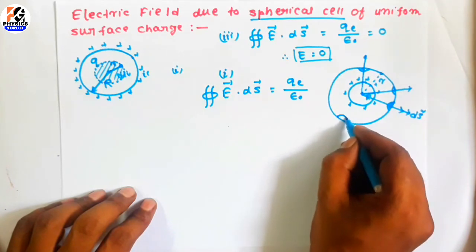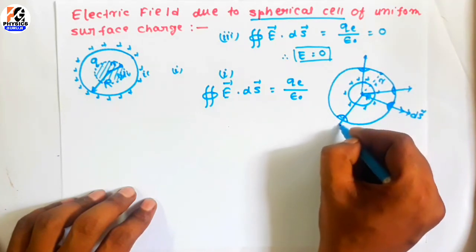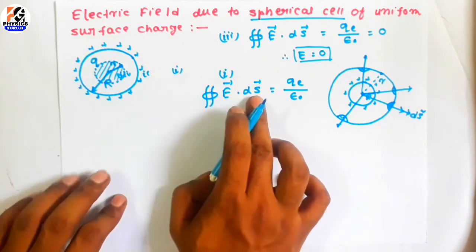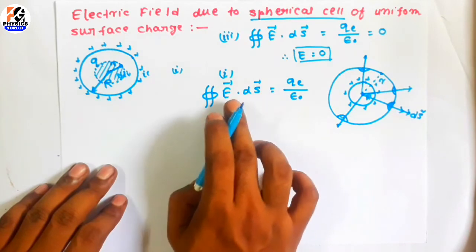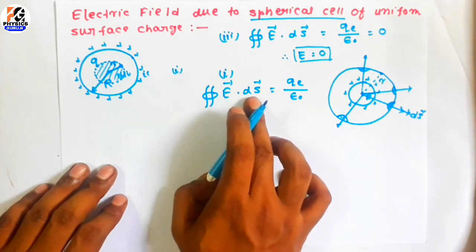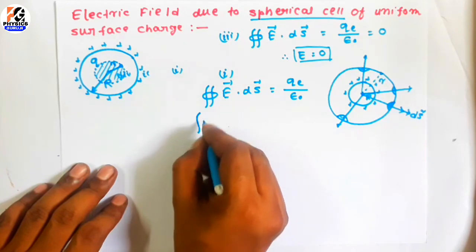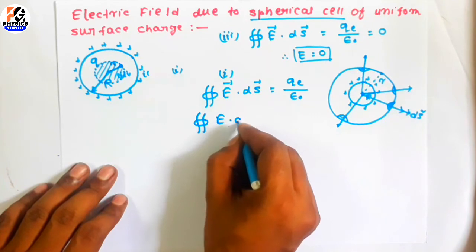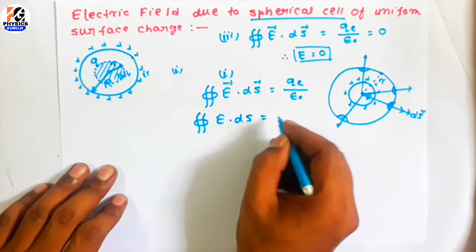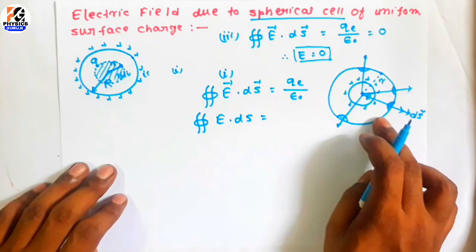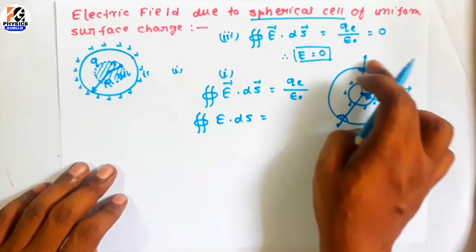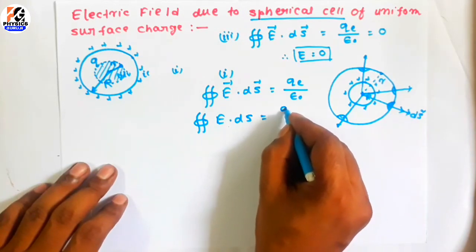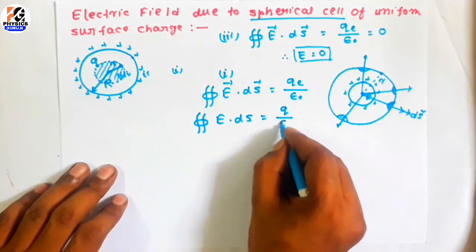If I take a dS here, the electric field and dS are in the same direction. So we can see that the electric field and dS are always in the same direction. So we can write the dot product E dot dS just equal to E times dS. So it becomes the closed surface integral of E dS equal to Q enclosed over epsilon 0. Now you can see that the total charge of the sphere is enclosed within the Gaussian surface. So here Q enclosed is equal to the total charge q.